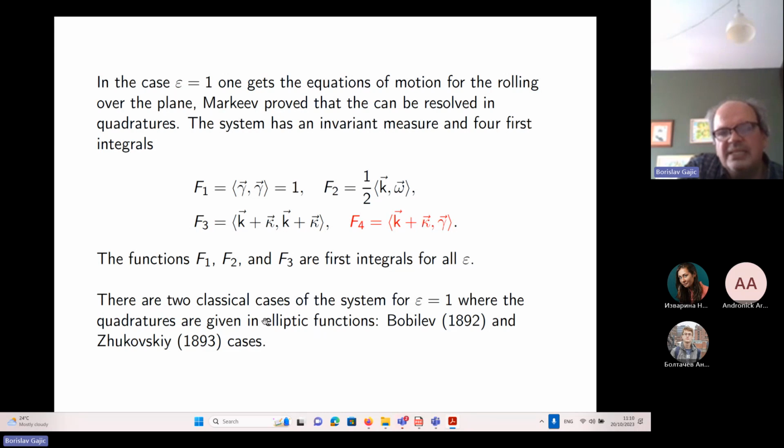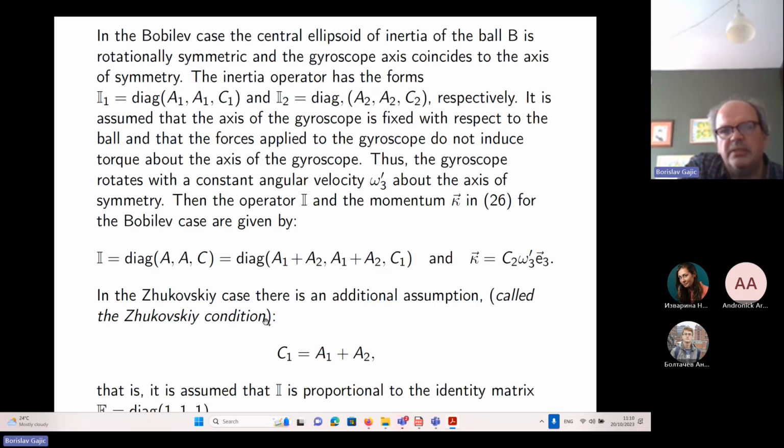In the Bobilyov case, he considered that the central ellipsoid of inertia is rotationally symmetric, and the gyroscope axis coincides with the axis of symmetry. Then the operator of inertia has the form A, A, C, and kappa is constant along the axis of symmetry. He proved the integrability of the case.